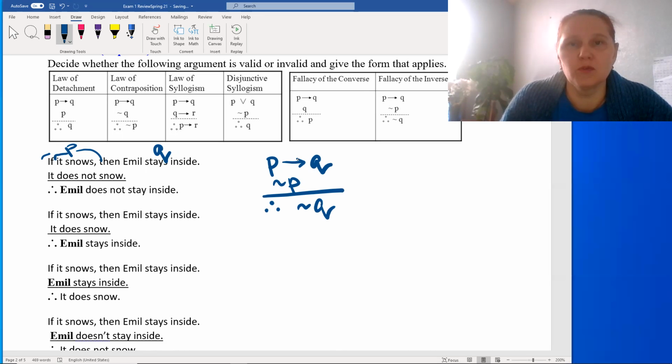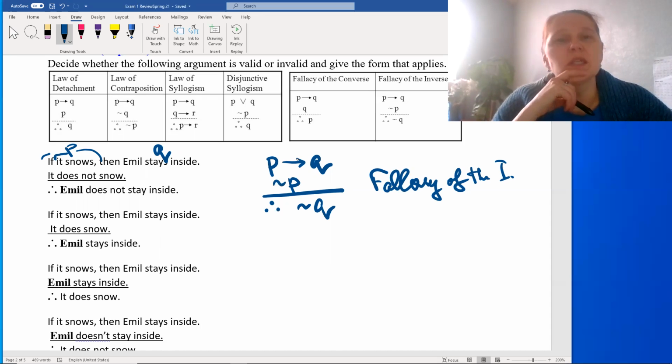And now let us look through these tables. You don't have to remember all the names, but you will have both tables in your instruction field. If P then Q, the negation of the first, and the conclusion is the negation of the second. Yes, this is the fallacy of the inverse.